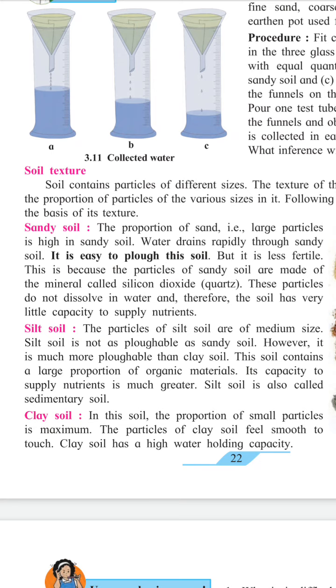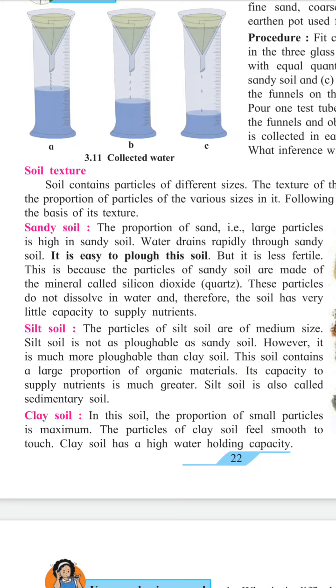In sandy soil it is easy to plough the soil, because water drains rapidly through sandy soil, but it is less fertile. It does not contain organic matter and is very rough and tough.